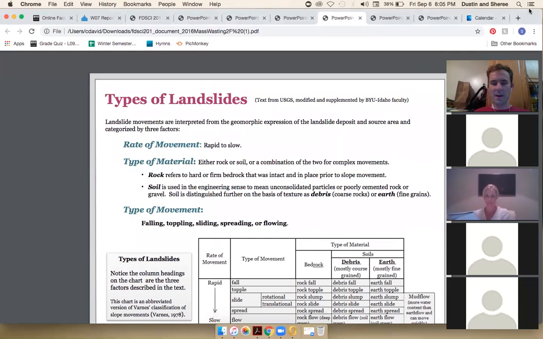It'll be helpful for your exam. Then we'll reevaluate if you have any more questions on landslides, and then we'll switch over to floods. If you have a question at any point during this, just chime in. We're more than happy to stop and answer as many questions as we need, okay?